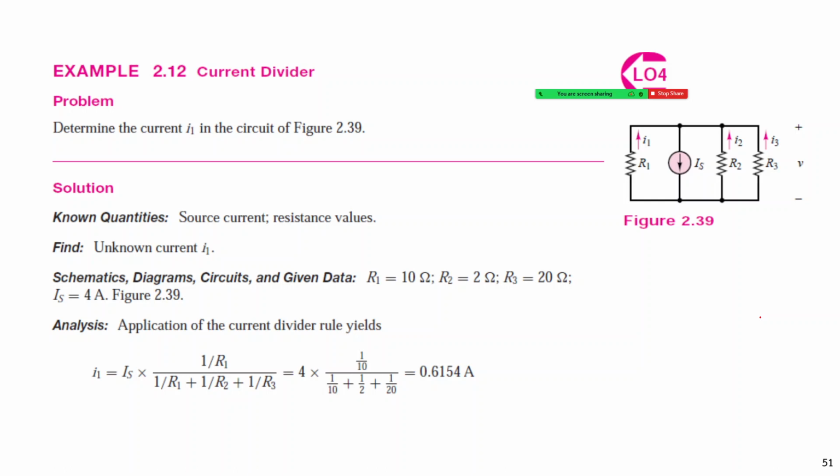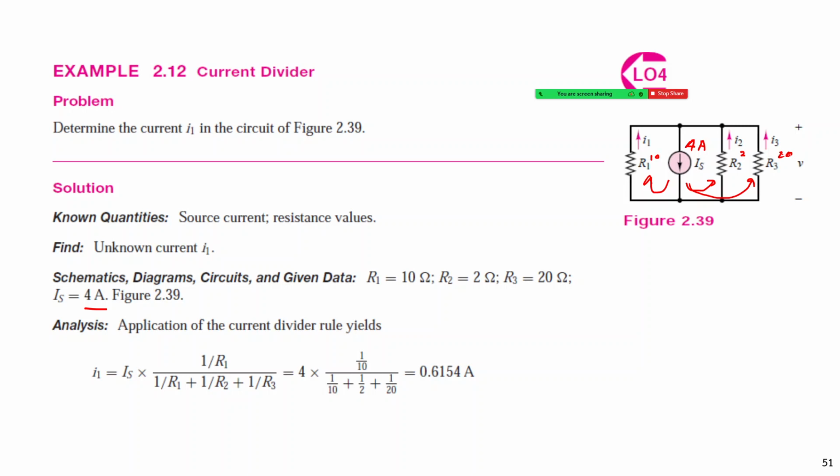Okay, and let's see an example on current divider. Here we have a current source, and the current flows to I1, I2 and I3. We can compute I1, I2 and I3 directly if we know R1, R2, R3, and Is also. In this case we know Is is 4 amperes, R1 is 10, R2 is 2, R3 is 20, right?